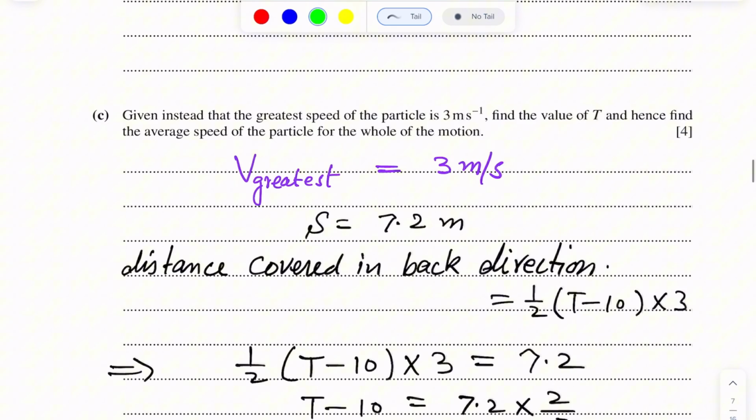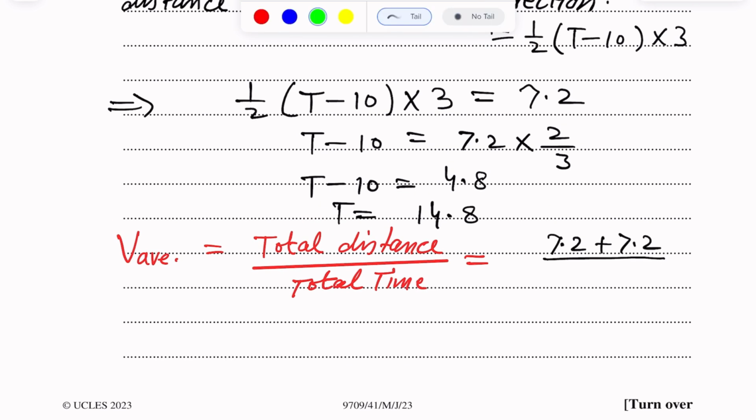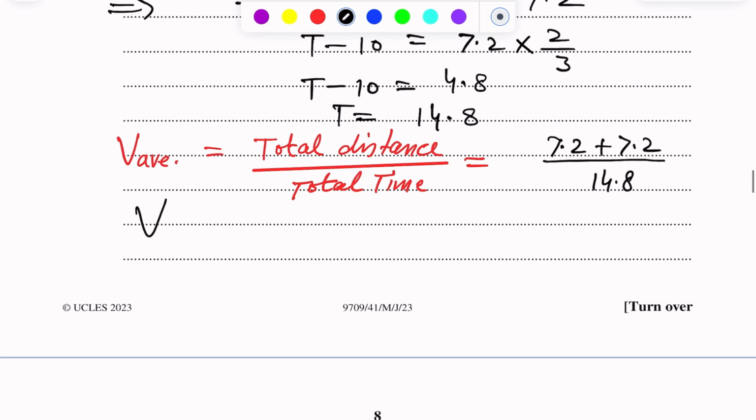So 7.2 plus 7.2 over total time, that is 14.8, which we have just found.